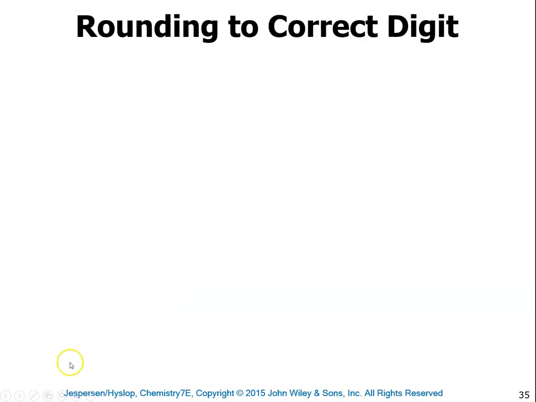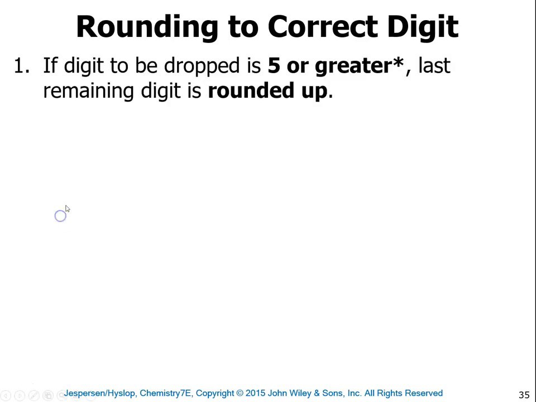And if you're going to do some rounding, sometimes this is going to happen. You're going to need to round digits if you're doing some mathematical equations. And typically there are different rules for doing this, as long as you're being consistent or operating under what would be considered standard operating procedures in your lab or the space that you're working in. A lot of times if the digit to be dropped is 5 or greater, you round up.